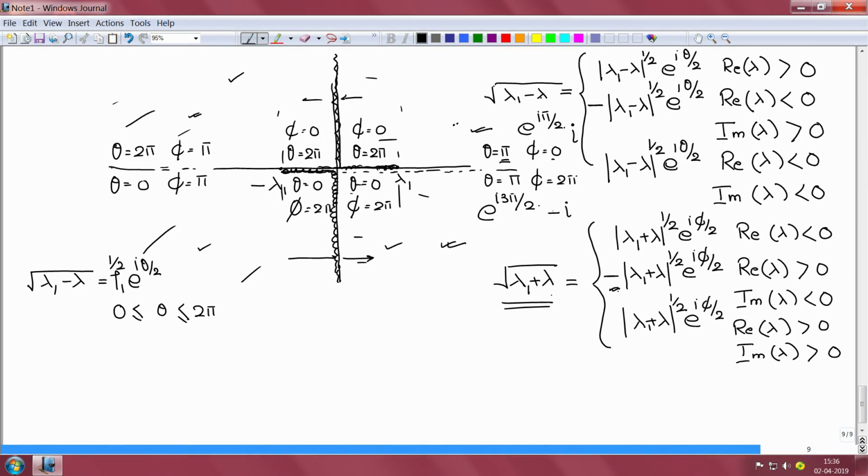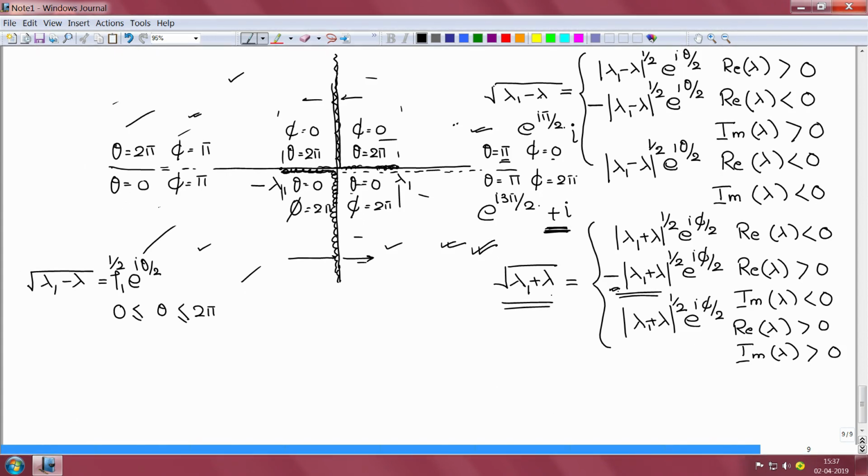So, this sign gets corrected. So, whenever we have an imaginary argument, it is positive. So, this new definition on lambda 1 plus lambda in this quadrant corrects and makes this positive imaginary.